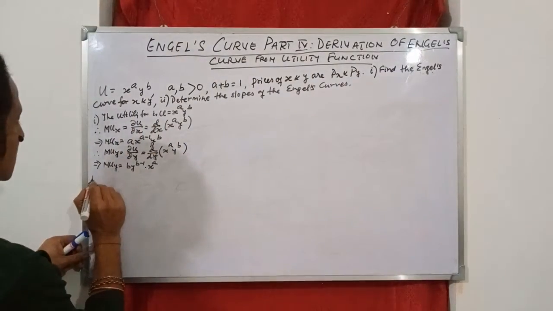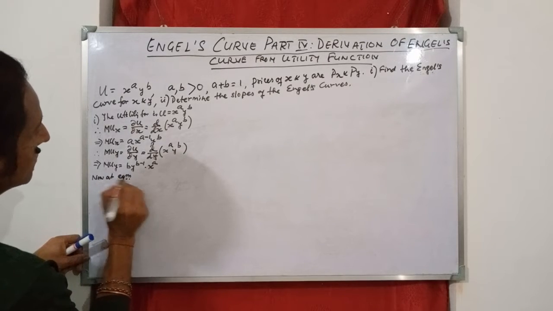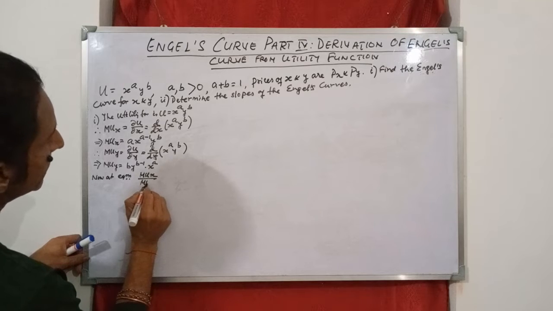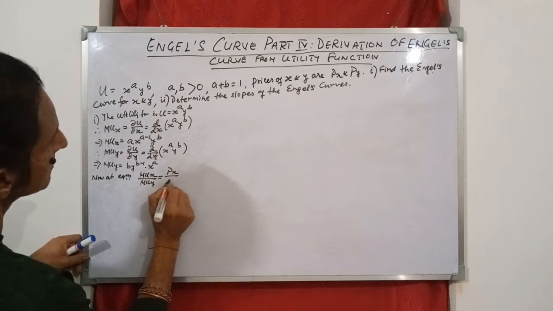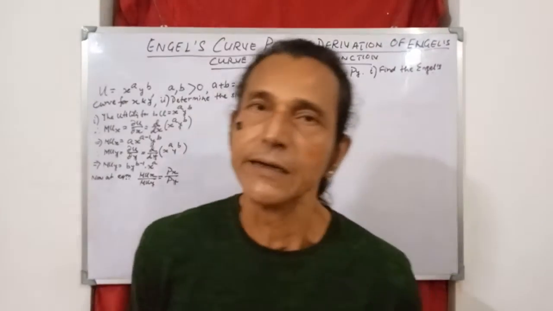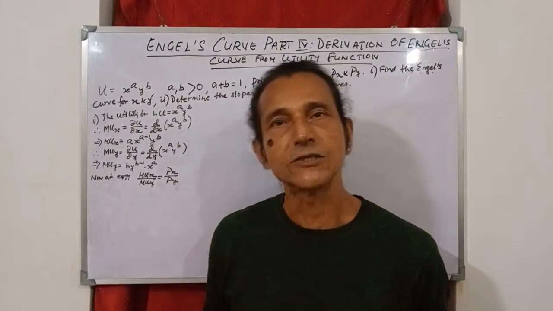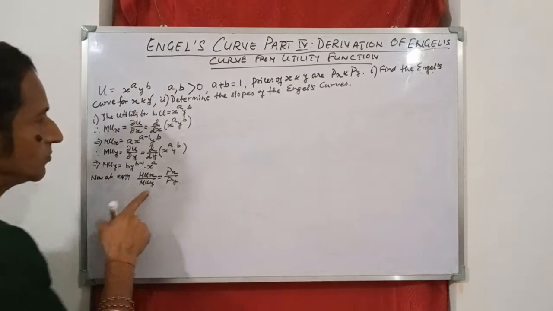Now at equilibrium, the ratio of marginal utilities is equal to the ratio of prices. So mu x over mu y equals px over py.